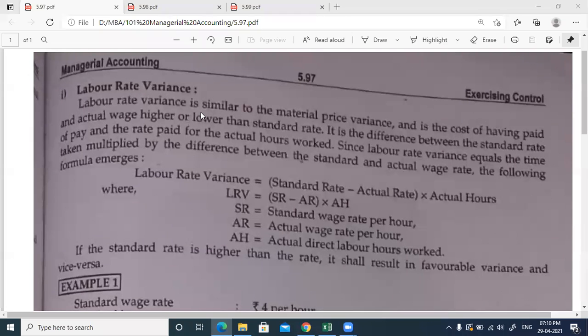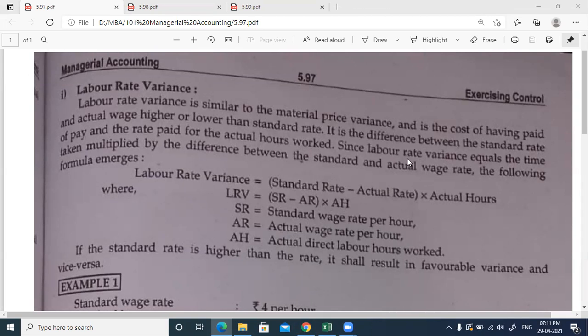Labor rate variance. Labor rate variance is similar to the material price variance and is the cost of having paid actual wages higher or lower than standard rate. It is the difference between the standard rate of pay and the rate paid for the actual hours worked.